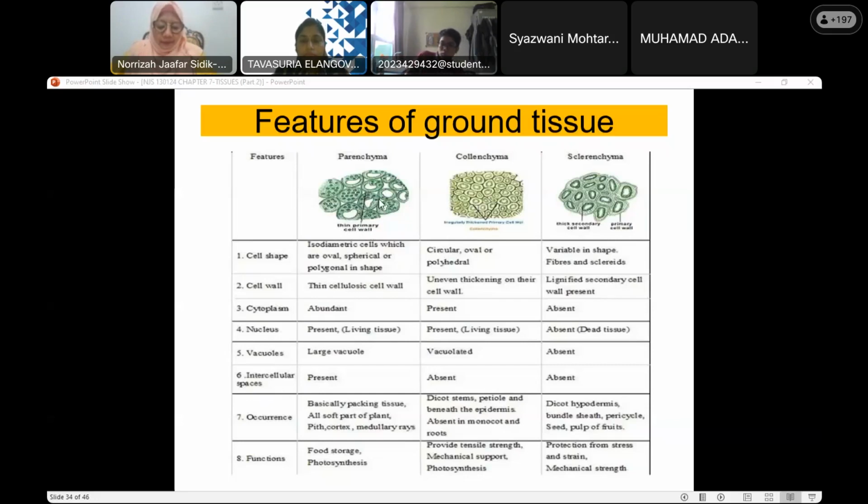Whereas the collenchyma has thickened primary cell walls, particularly at the corners where the cells meet. This thickened cell wall is composed of cellulose and hemicellulose. So it provides mechanical strength to the plant tissue, and support to the young and growing parts.